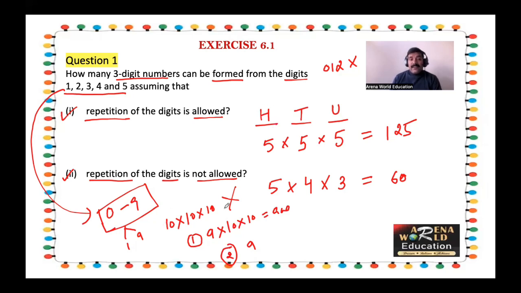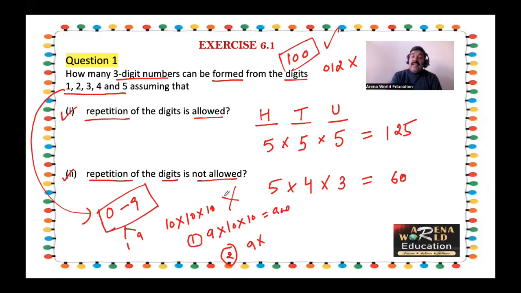For the tens place or unit place, both can be 0. Suppose you choose 1 for the hundreds place, and for the tens and units you choose 0. Then 100 is a three-digit number, that is not an issue. For the next one, repetition is not allowed.